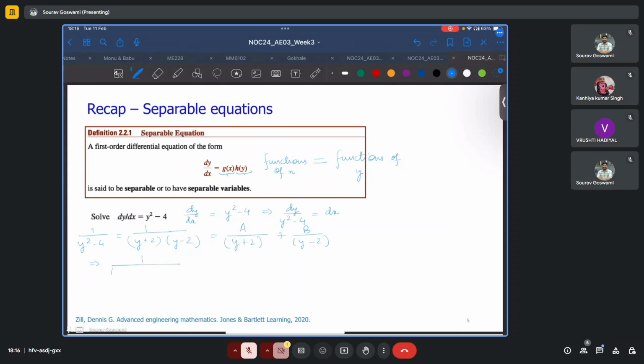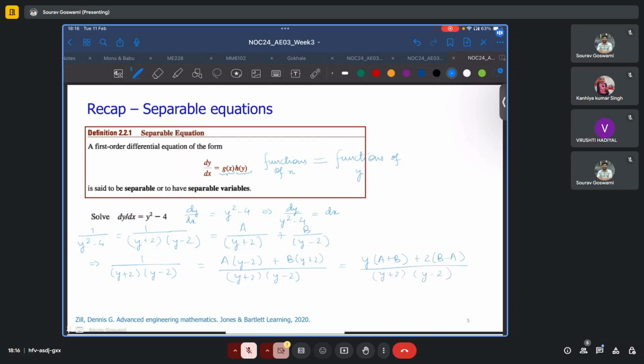So 1 equals a times (y minus 2) plus b times (y plus 2) by (y plus 2) times (y minus 2), which then becomes, if we bring like terms, for y we have (a plus b), and the constant is (minus 2a plus 2b), so (a plus b) y plus 2 times (b minus a) by (y plus 2) times (y minus 2).